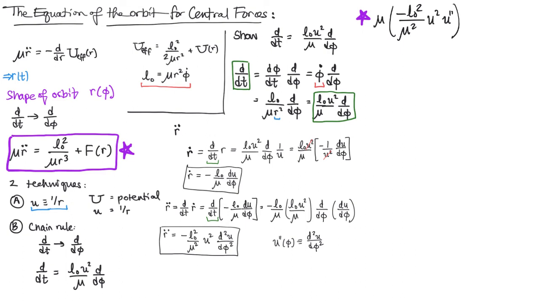That's our left-hand side. And our right-hand side will be L naught squared over mu u cubed plus F, the force F. So we have some simplification that we can make. We'll lose one factor of mu, and we can divide through by u squared.